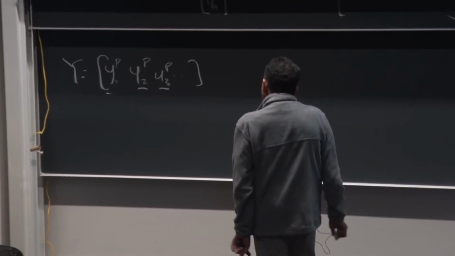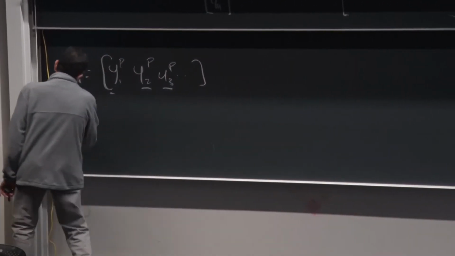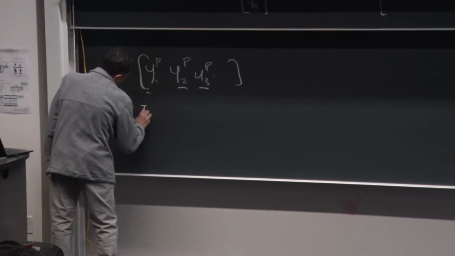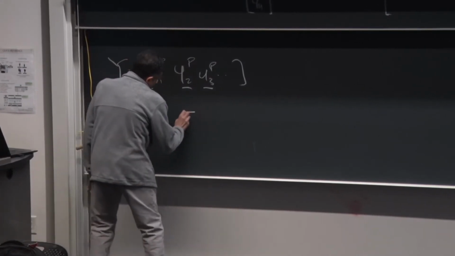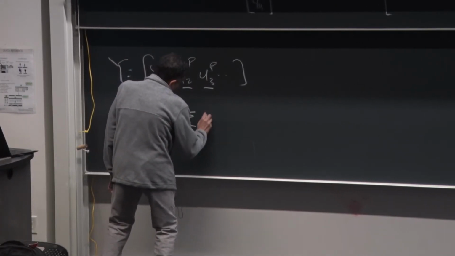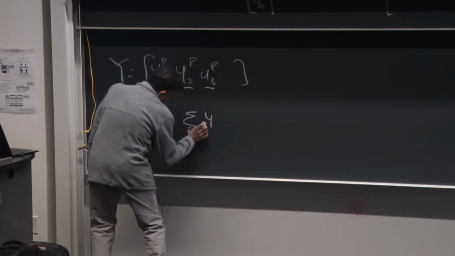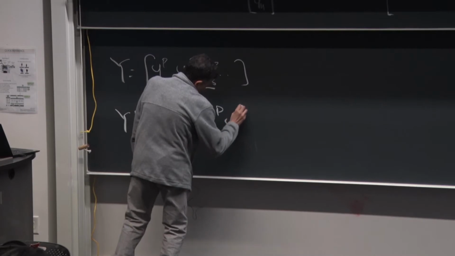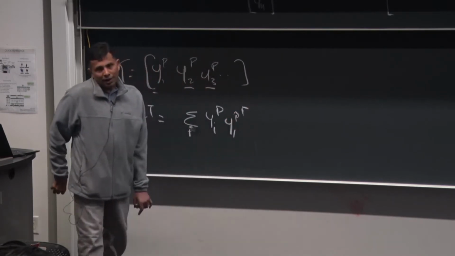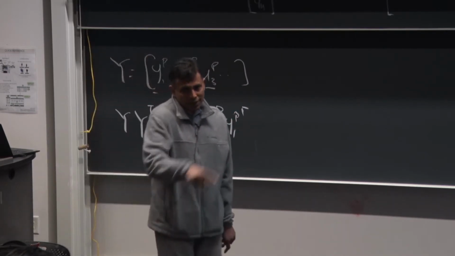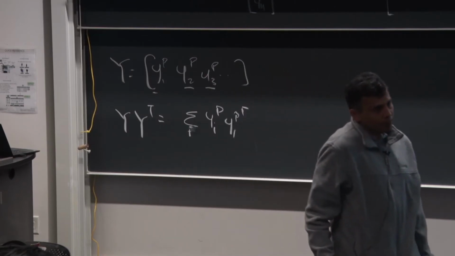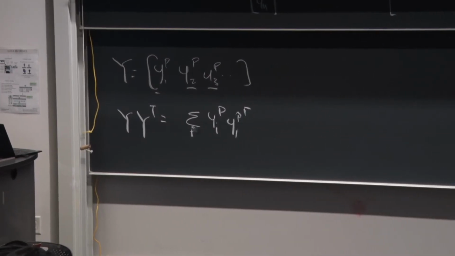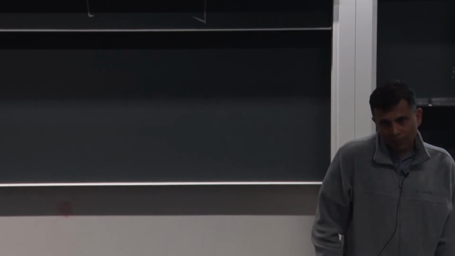Then I can write W. YY transpose is simply going to be the summation over P, summation over I, YIP, YIP transpose. This is just standard linear algebra, which means that the diagonal entries are going to be summed up. This is going to also add the diagonal entries for each of these patterns.